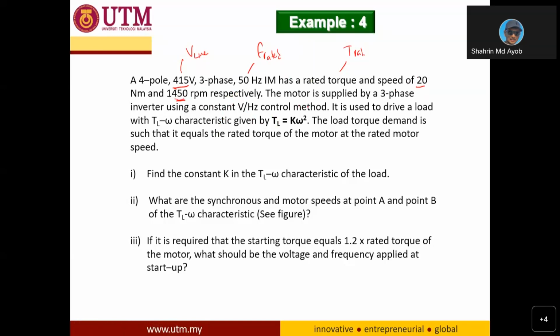Tak perlu risau lah orang kata apa. This one is actually just ayat penguat yang mengatakan yang kita gunakan inverter tu. Ayat pengeras. Okay. It is used to drive a load with the torque speed characteristic.